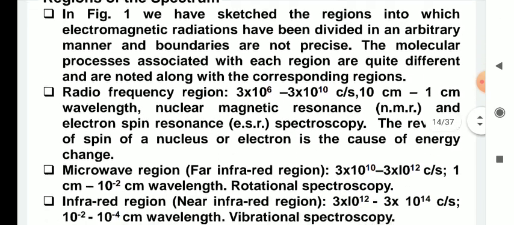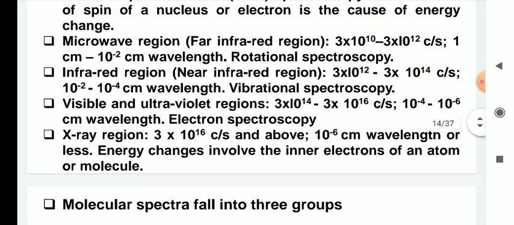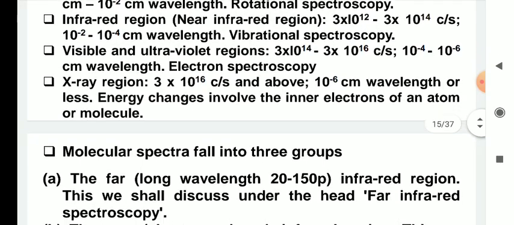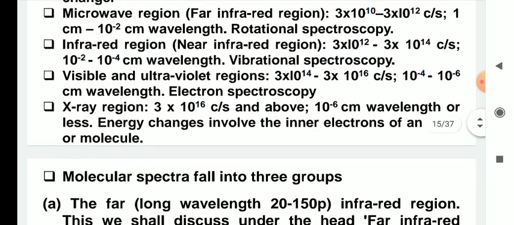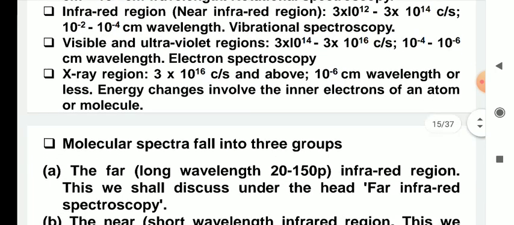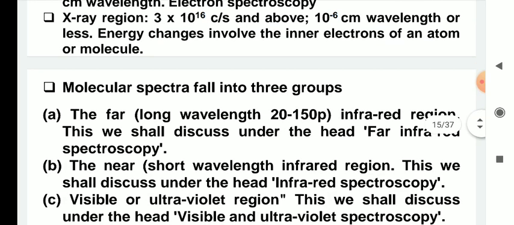That is the radio frequency region, microwave region, visible and ultraviolet region, and X-ray region, and their frequencies as well as wavelengths are also given, and what spectra correspond to these regions are also discussed in detail.